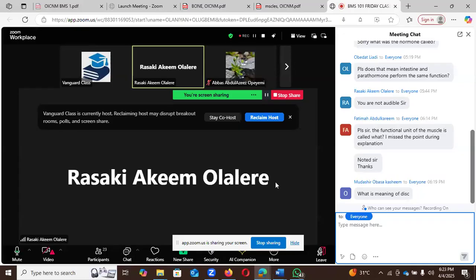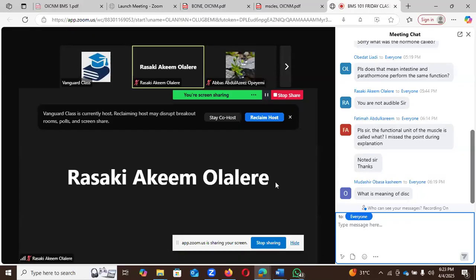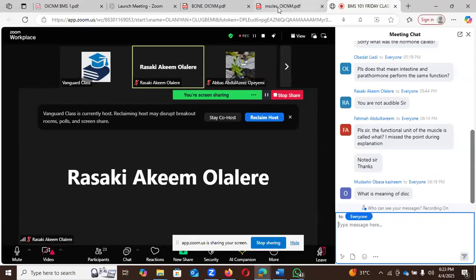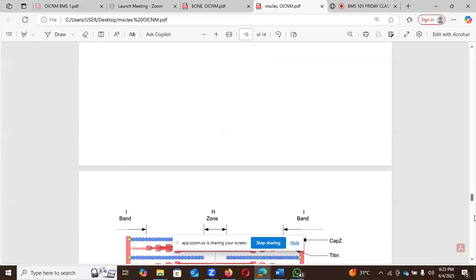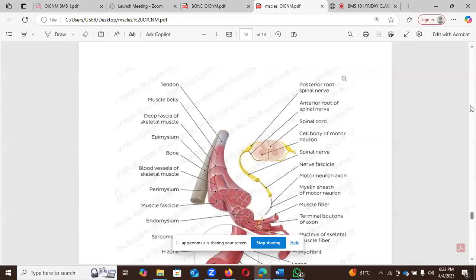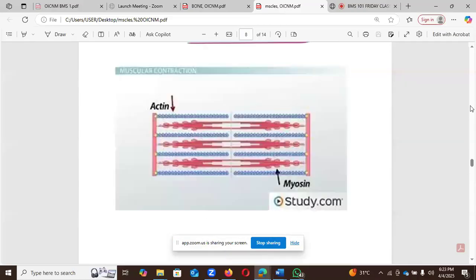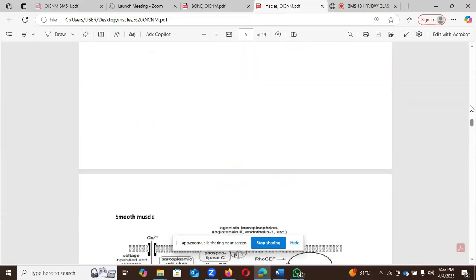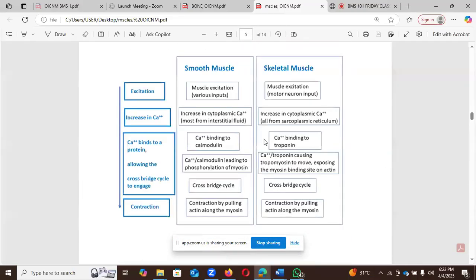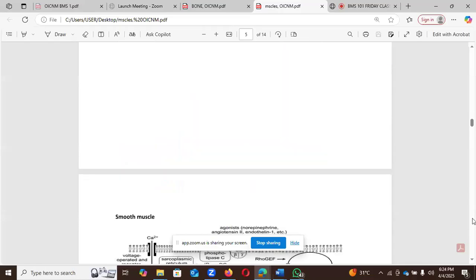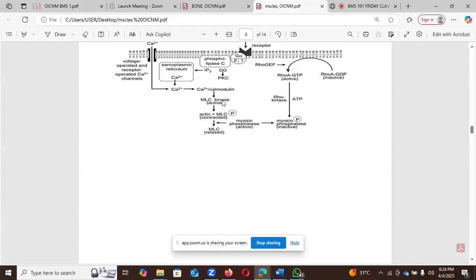Any other question? Look at it here, under contraction, differences. You have enzymes here, which are myosin kinase and myosin phosphatase.